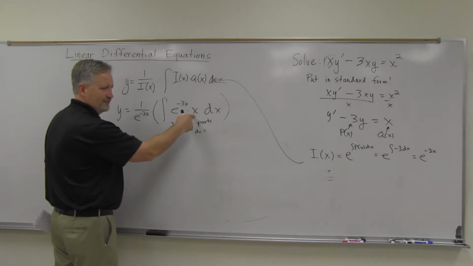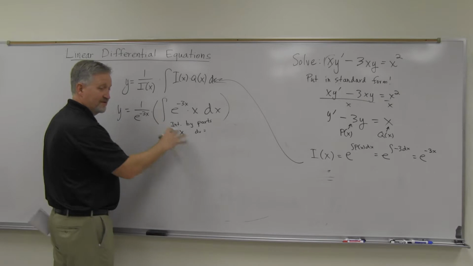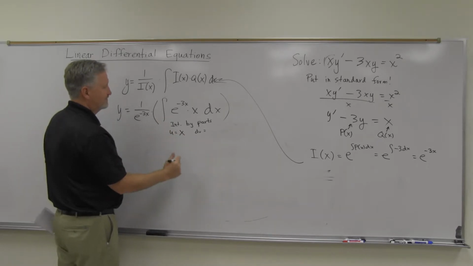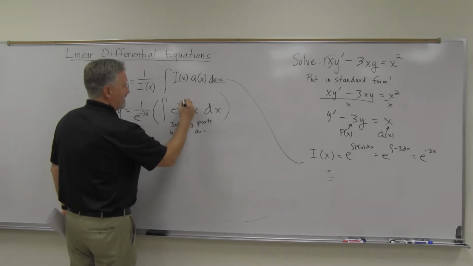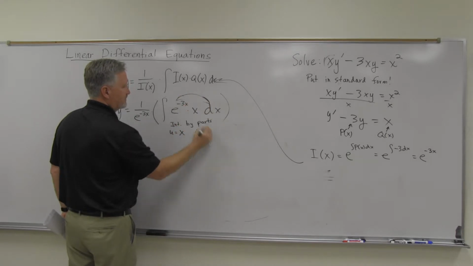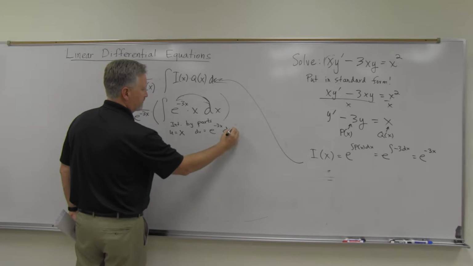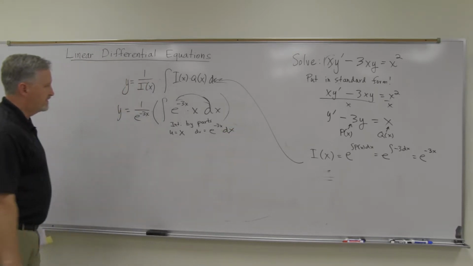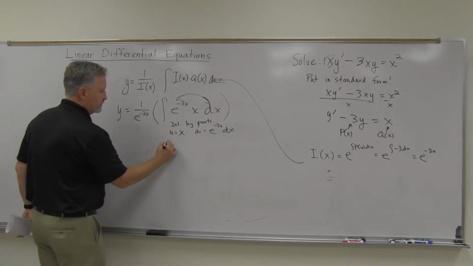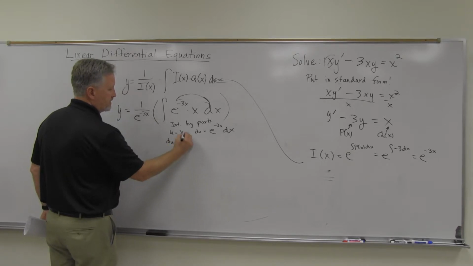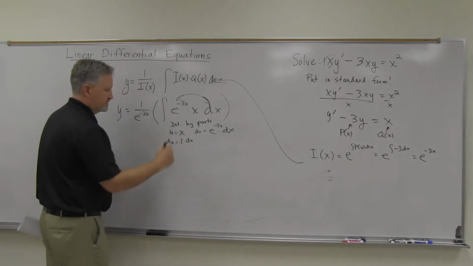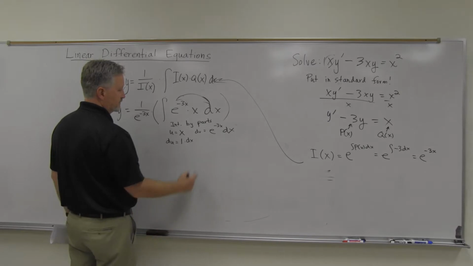So let's just call u the x, because the derivative of that is just 1 dx. And then these two would be the dv, so it'd be e to the -3x dx. I believe that's the way we want to go. So du is just 1 times dx, so du is dx.